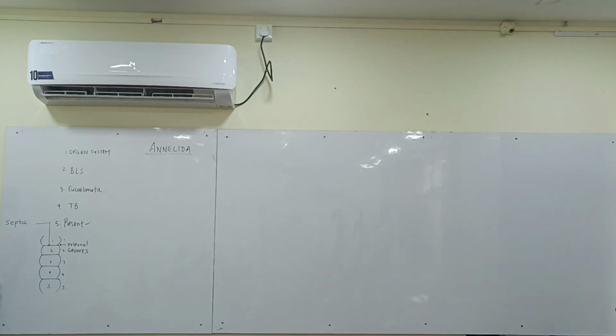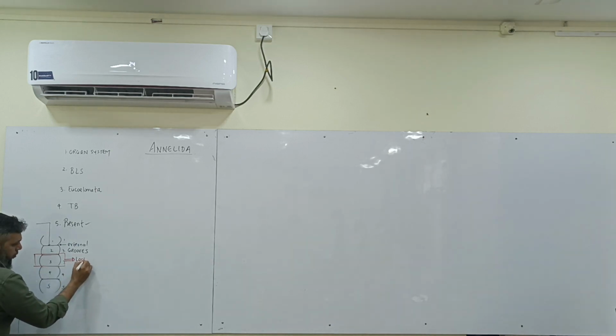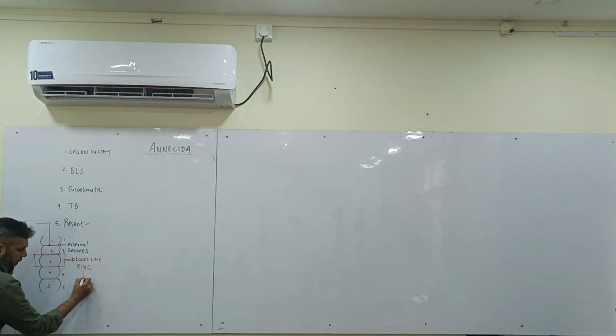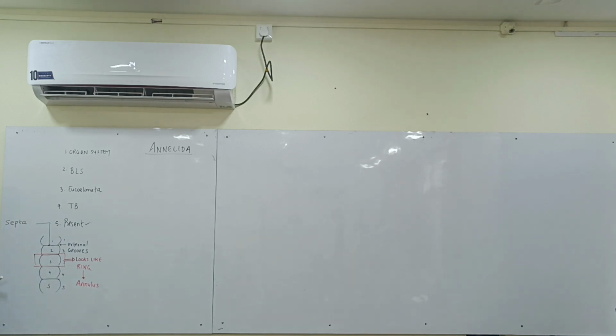One segment, I'll show it in red, looks like a ring. A ring in Latin is called annulus.